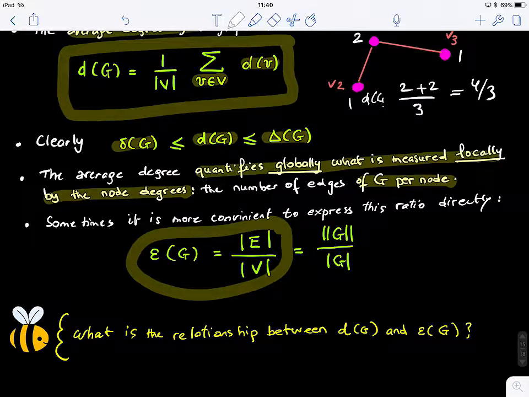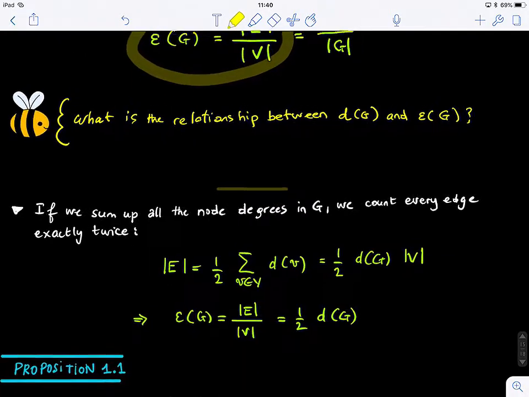So this is d of G, and epsilon of G would be the number of edges: we have 2 edges divided by the number of nodes, 3. Do you guys see it? Yes, one is basically twice the other, or half the other.